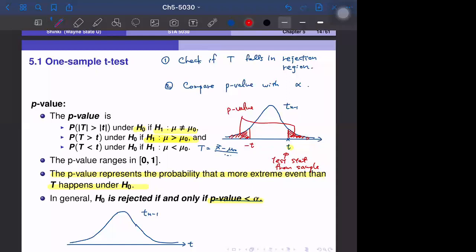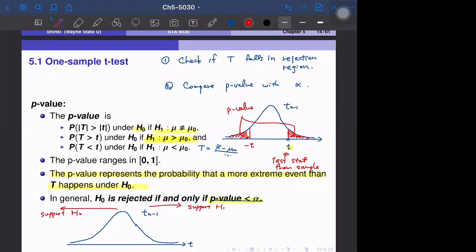So a large value of t has a tendency to support H1, and a smaller value of t supports H naught as a tendency.